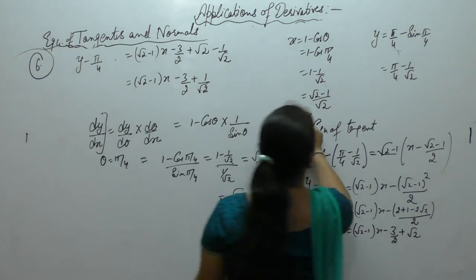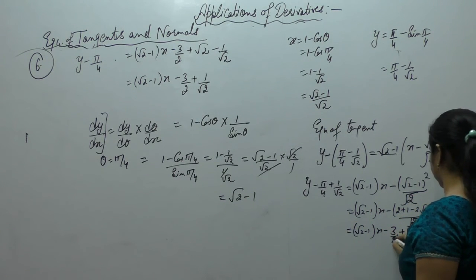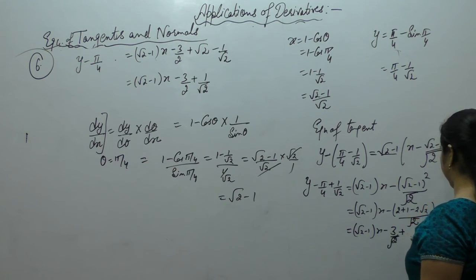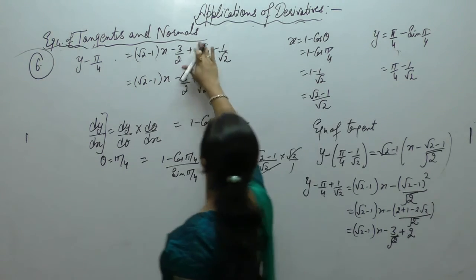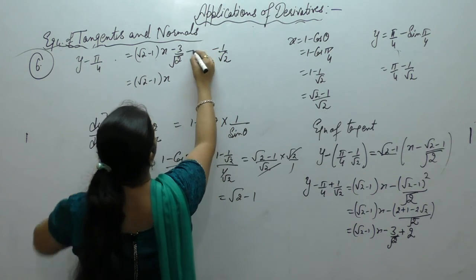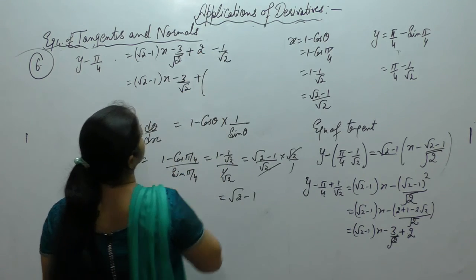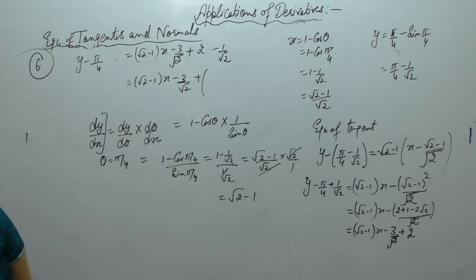Here we have root 2, not 2. Square root of 2 is there. So 3 upon square root of 2, and here we are left with 2. 3 upon square root of 2, and here we have 2. Minus 3 upon square root of 2. Note up to here first.